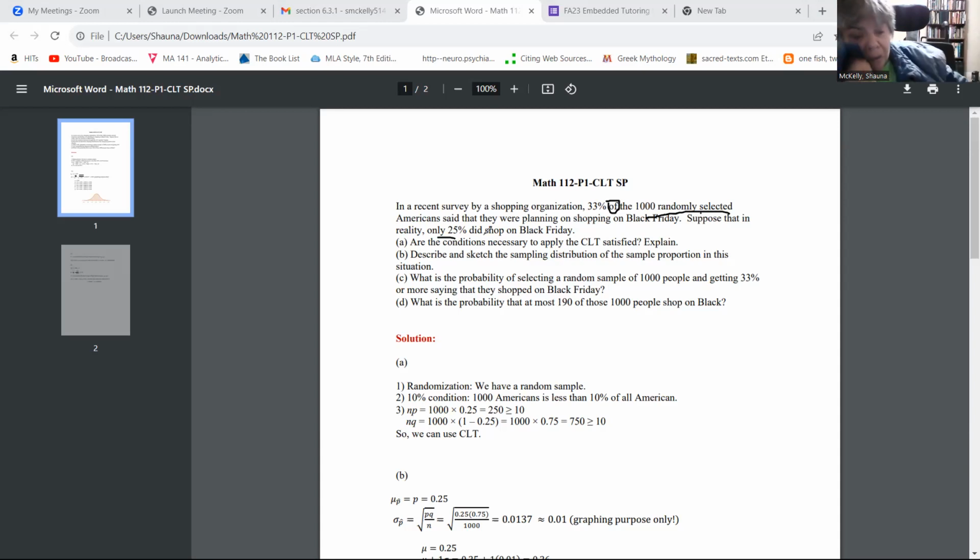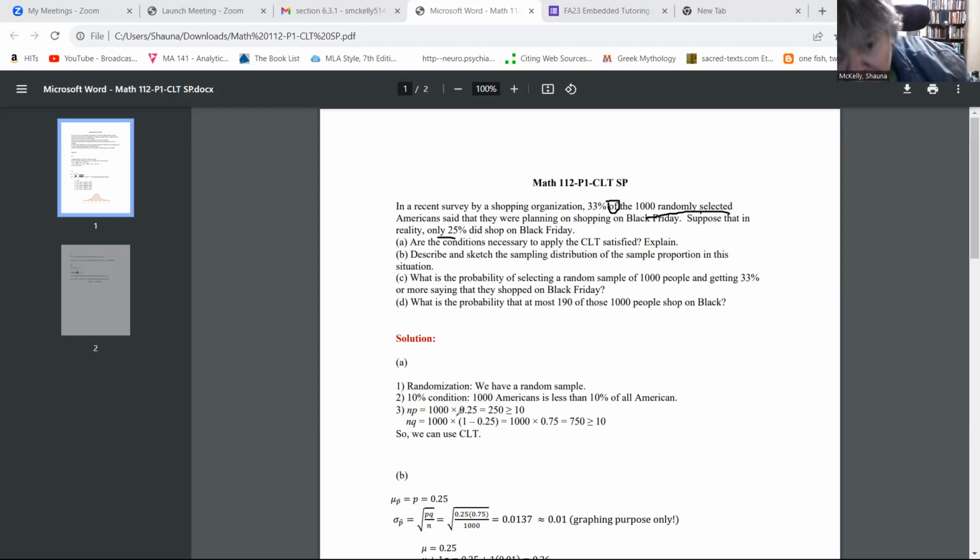So here we're going to use 25%, and here she does the calculation for you. N times P equals 1,000 times 0.25, that's 250. That is definitely greater than or equal to 10. Go ahead and do the other one, which is the complement of this.